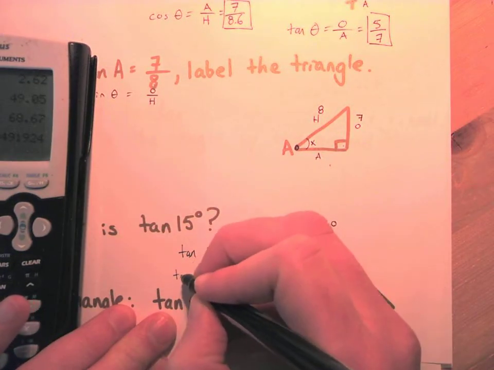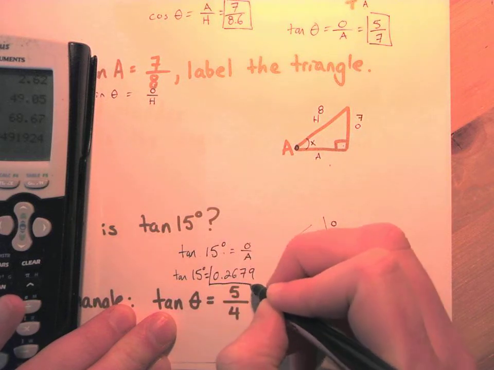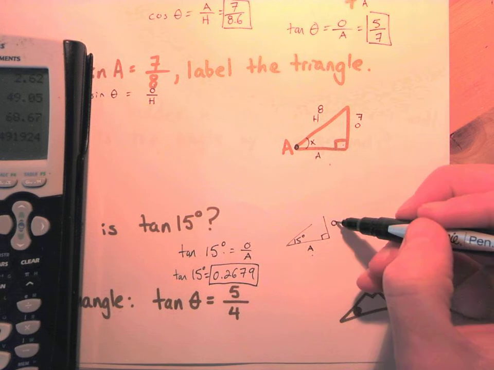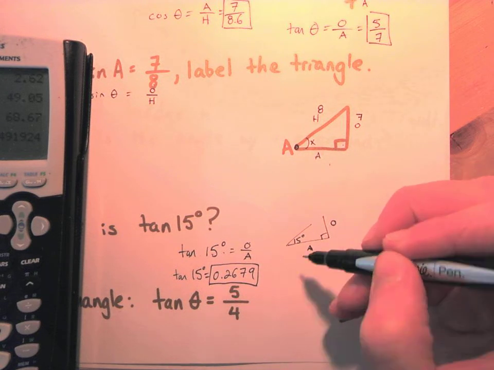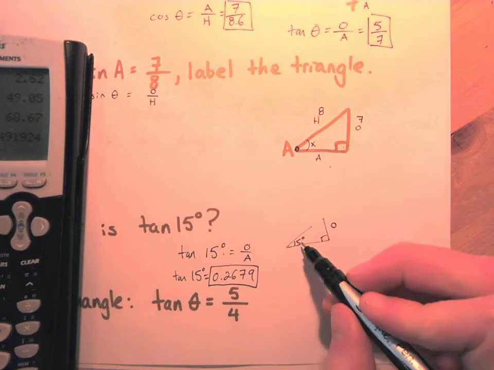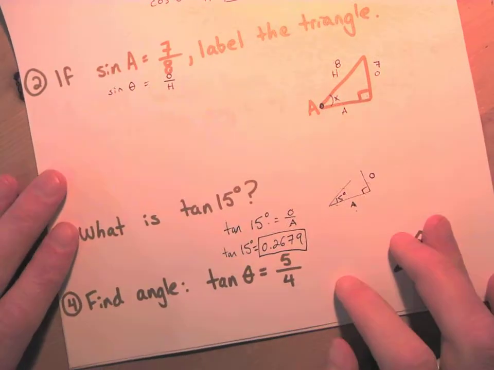So that's the answer it's looking for, just that part there. It means that if you take this and divide by that, you'll get 0.2679. Okay, every time if you have a 15 degree and a right angle. Alright, so that was just kind of like how to use the calculator type question.